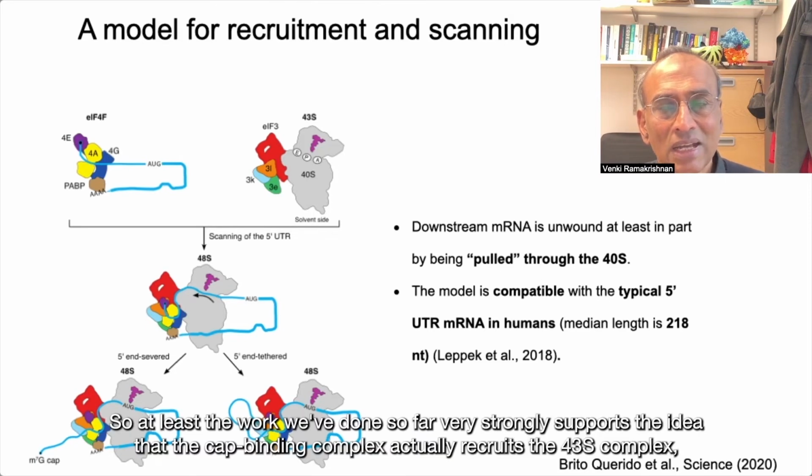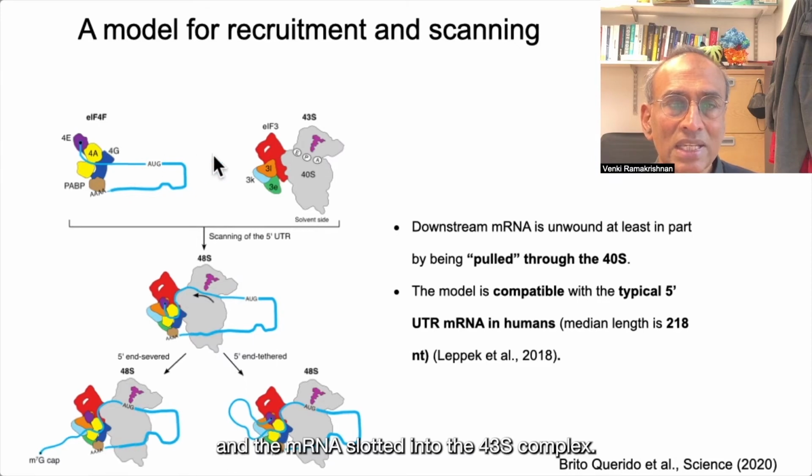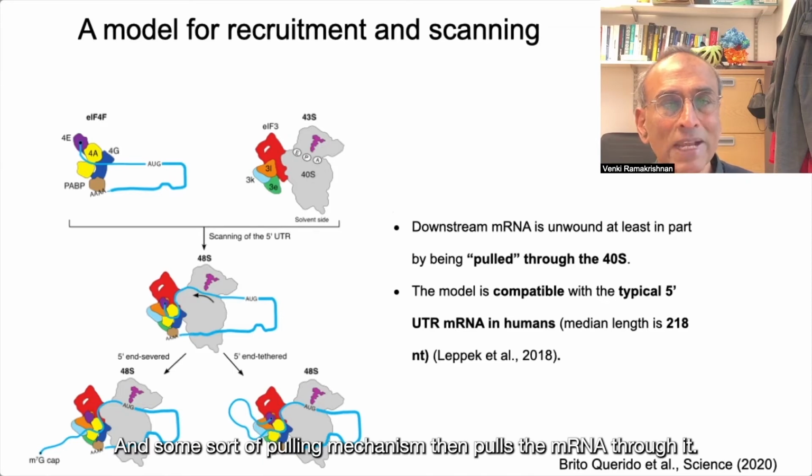So at least the work we've done so far very strongly supports the idea that the cap binding complex actually recruits the 43S complex and the mRNA is slotted into the 43S complex, and some sort of pulling mechanism then pulls the mRNA through it.